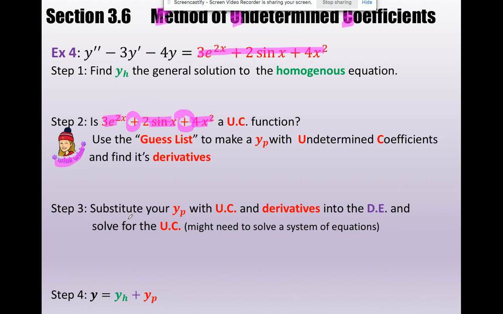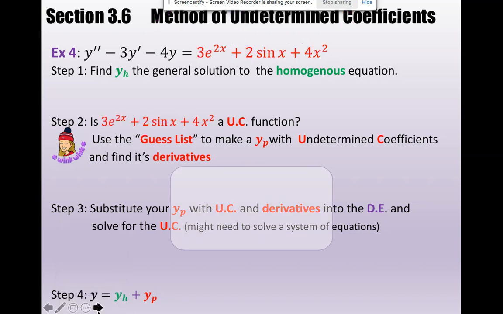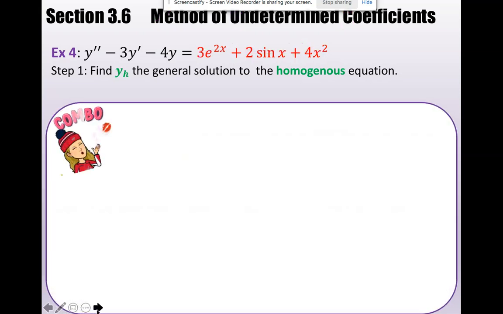So I'm still good to go. And what's nice about this is that the combination was just a simple sum. So what do you think the solution is going to be? That's right. You love your combos, baby.